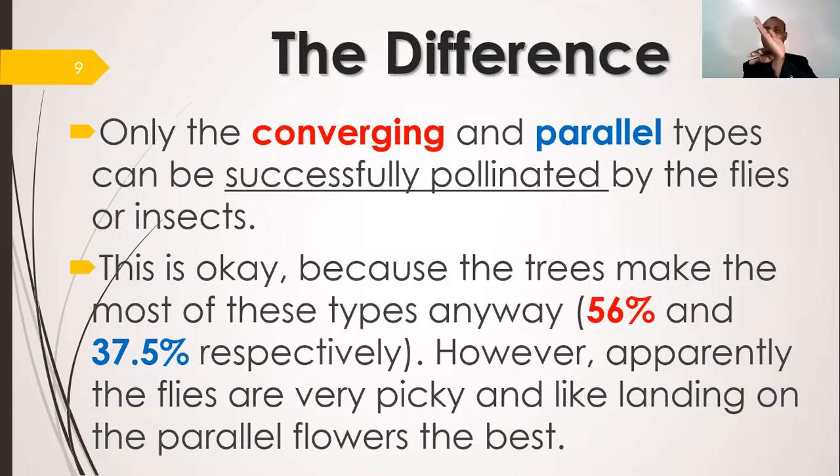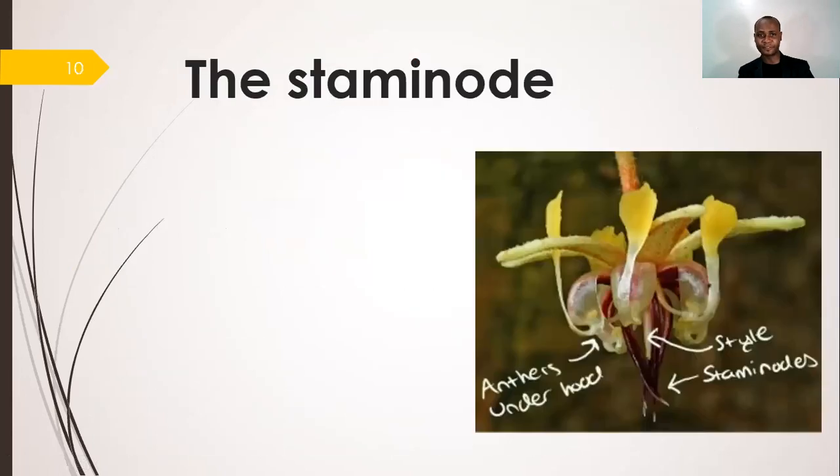Usually below the staminodes and the petals, the male part of the flower is hidden. So pollinators find it very, very difficult to get in there. But it's not bad news because we have 56% being convergent flowers and 37% being parallel flowers. And this is enough to give us enough fruit.